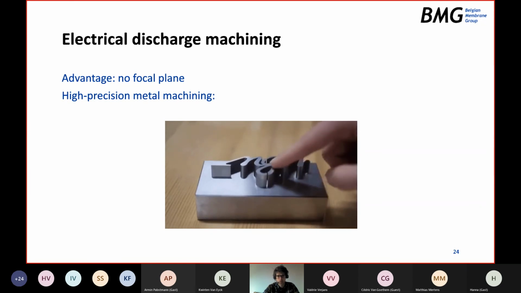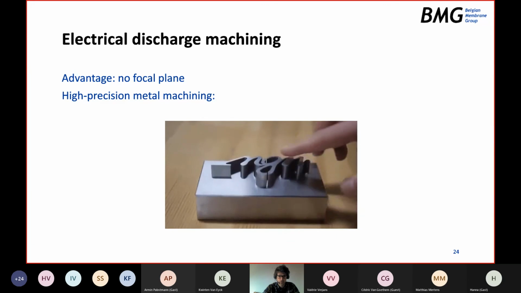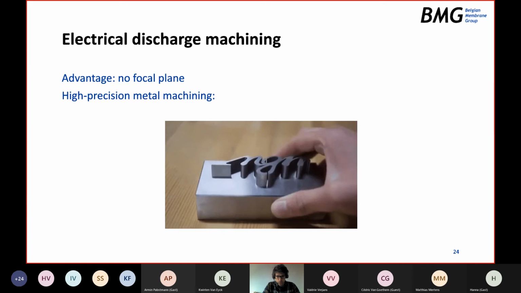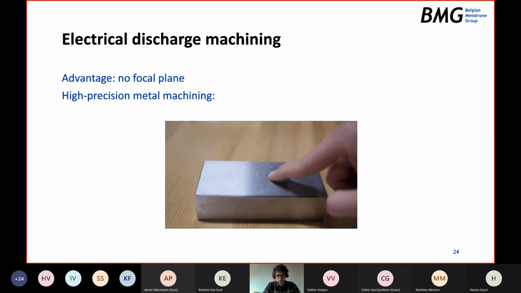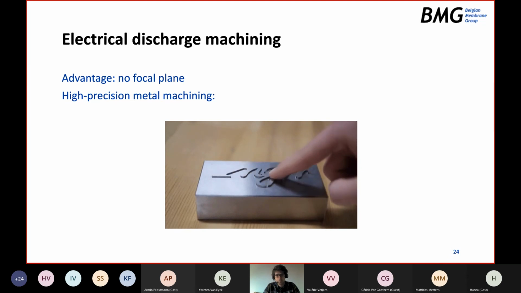EDM is used now as a very high precision metal machining technique, as you can see in the GIF that is playing. So this is not some sort of trickery or simulation. You can really make parts that are that precise using EDM.